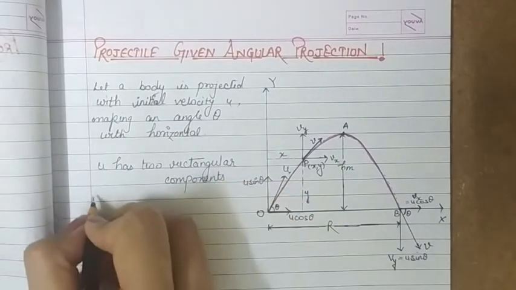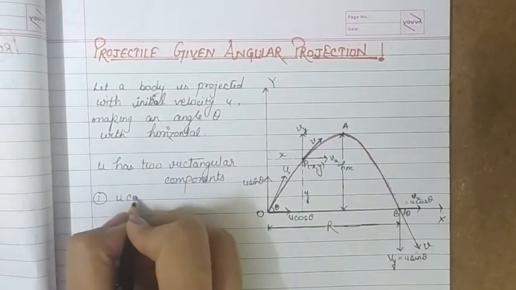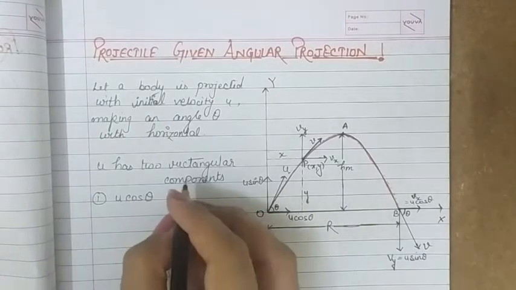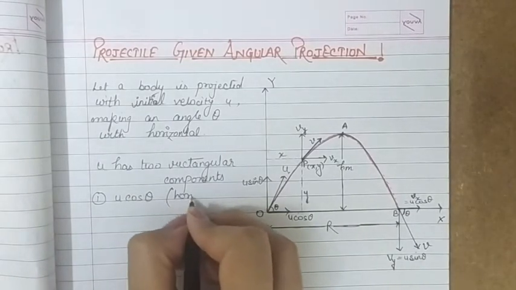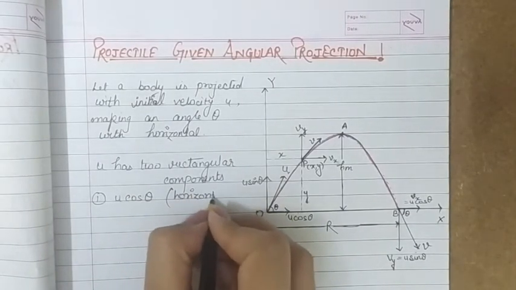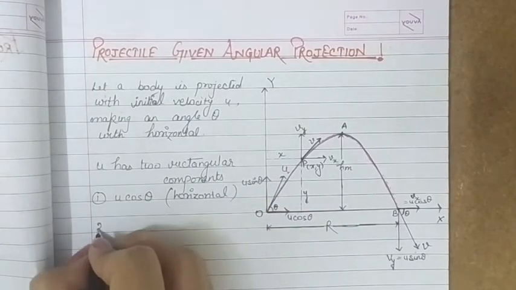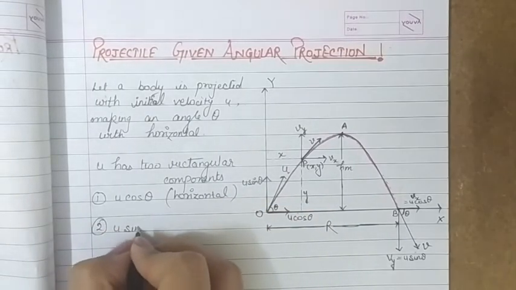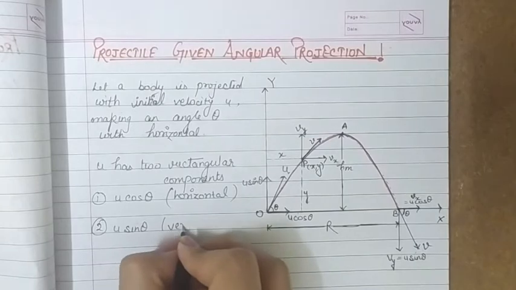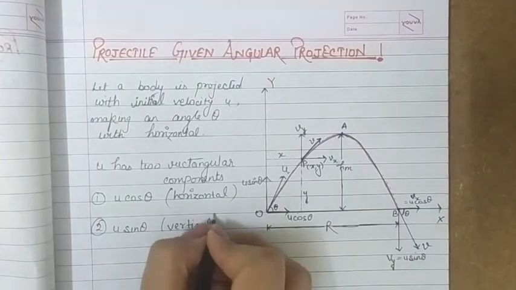First is u cos theta, the horizontal component along x axis, and second is u sin theta, the vertical component along y axis.